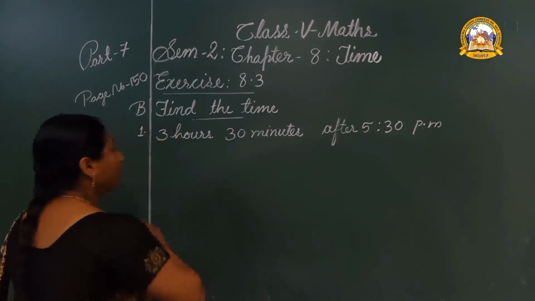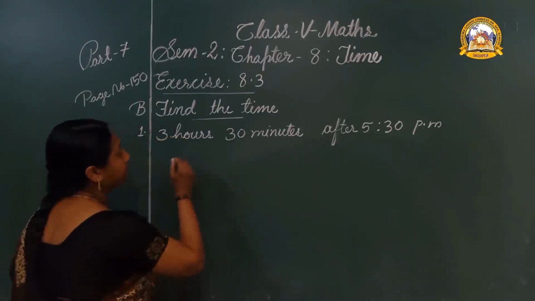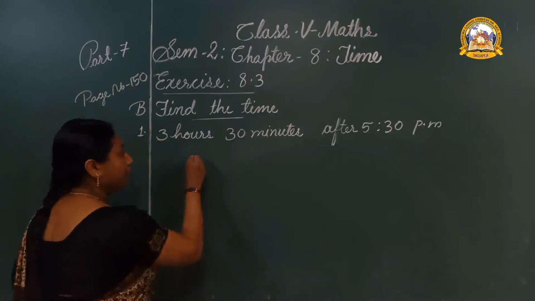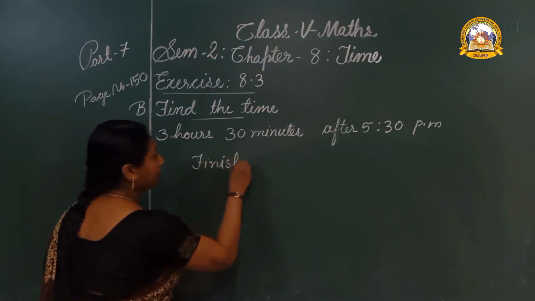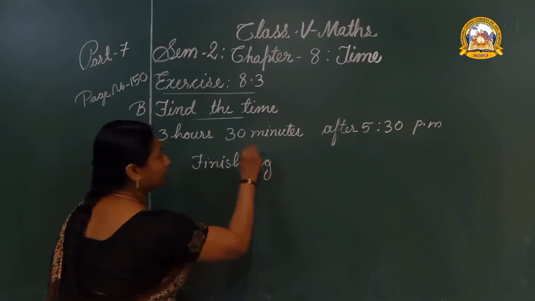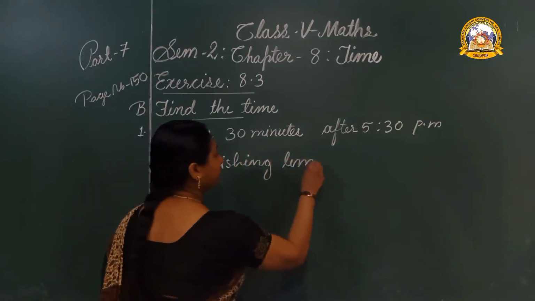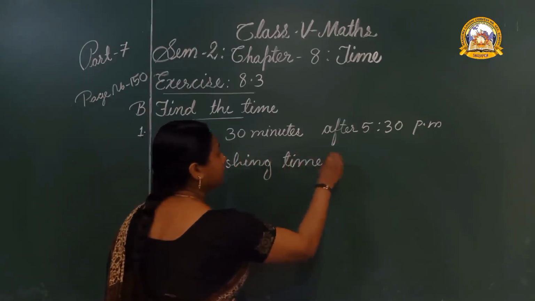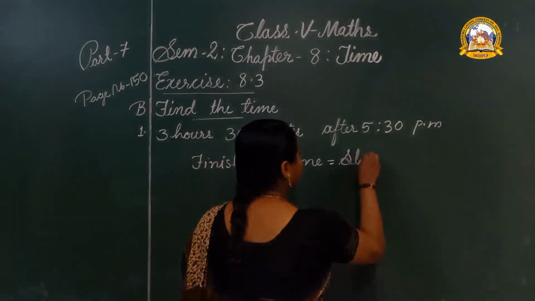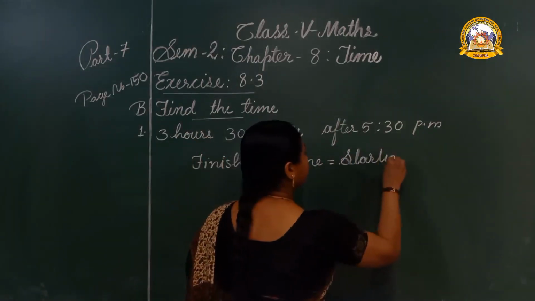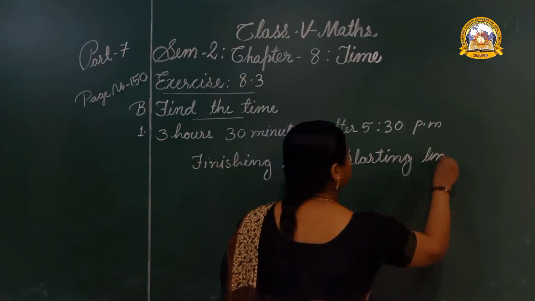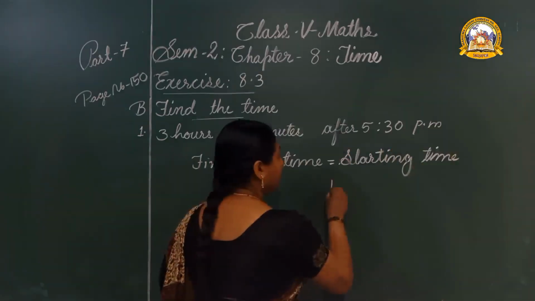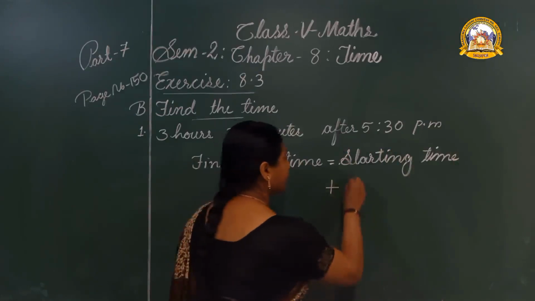Okay, do you know the formula to get finishing time? Finishing time is equal to starting time plus duration.